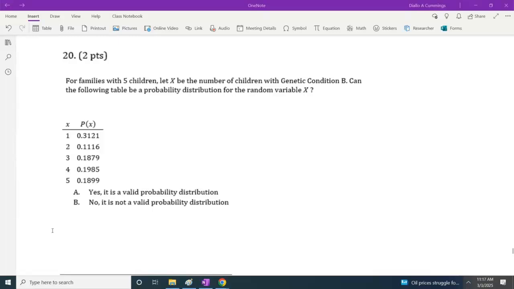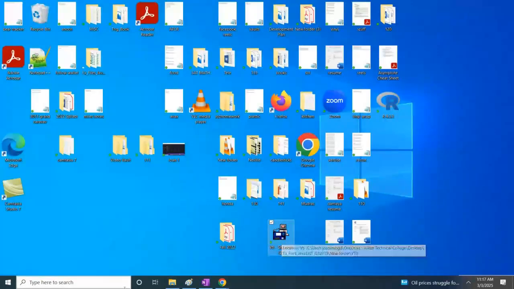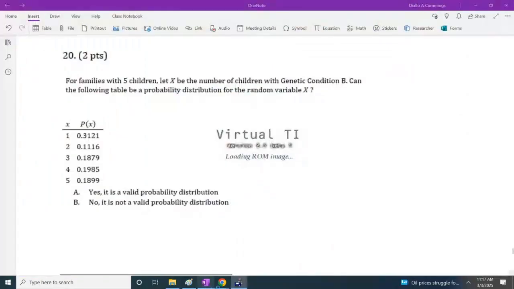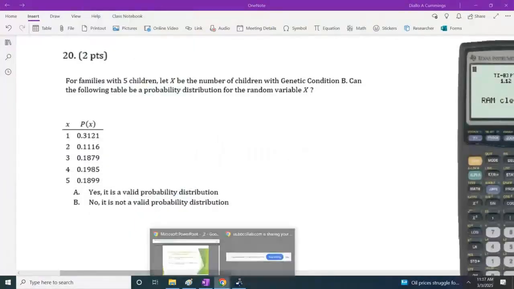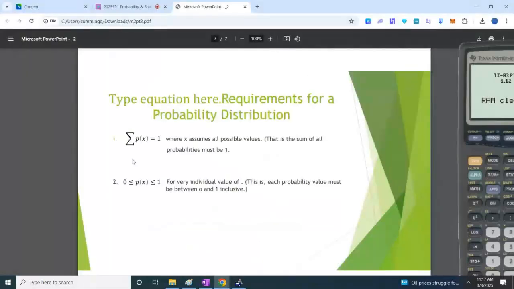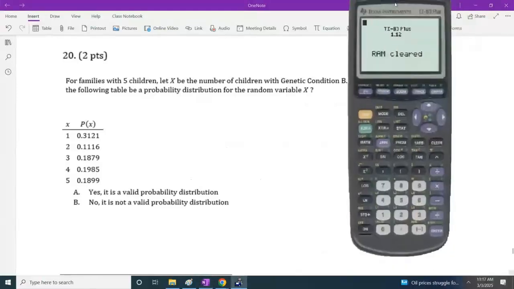In order to determine if this is a valid probability distribution, I'm going to bring up my calculator. As we saw from the notes, this first condition says that all of your probabilities must add up to give you a 1. So in order to answer problem number 20, I'm going to simply take all of these probabilities and add them up to see if they sum to 1.